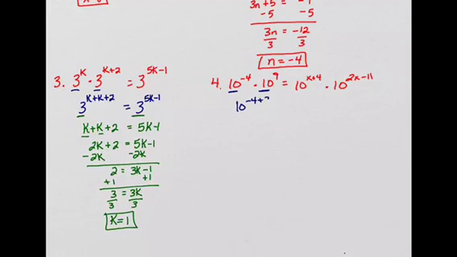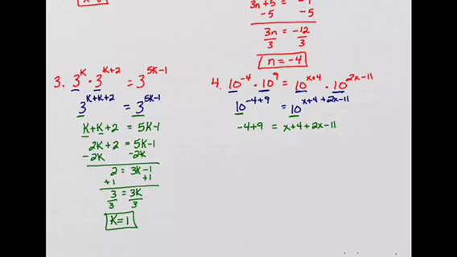So I get negative 4 plus 9. And then since these bases on this side are both 10, I can add my exponents together. So I get x plus 4 plus 2x minus 11. And then since the bases are the same, I can just set my exponents equal to each other. So I get negative 4 plus 9 equals x plus 4 plus 2x minus 11.